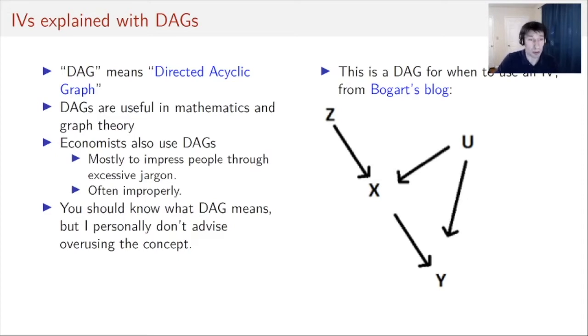In economics, people have decided to use the term, although I would argue that most people only use it as excessive jargon when they're trying to impress people. And actually, oftentimes they use it improperly when they have a graph with arrows without checking whether it is a directed and acyclic graph. But that being said, you should know what a DAG is, because nowadays it's a common term that is used. And definitely try not to misuse the concept.